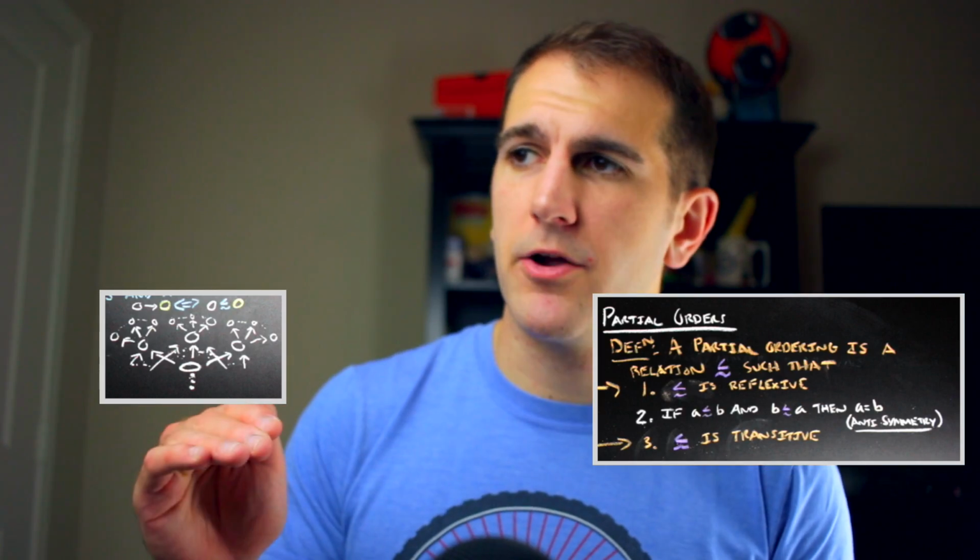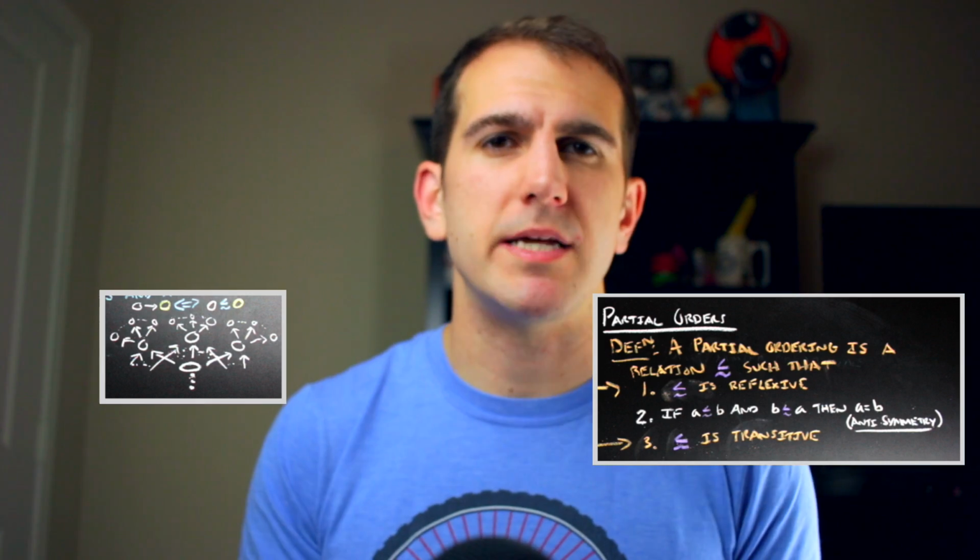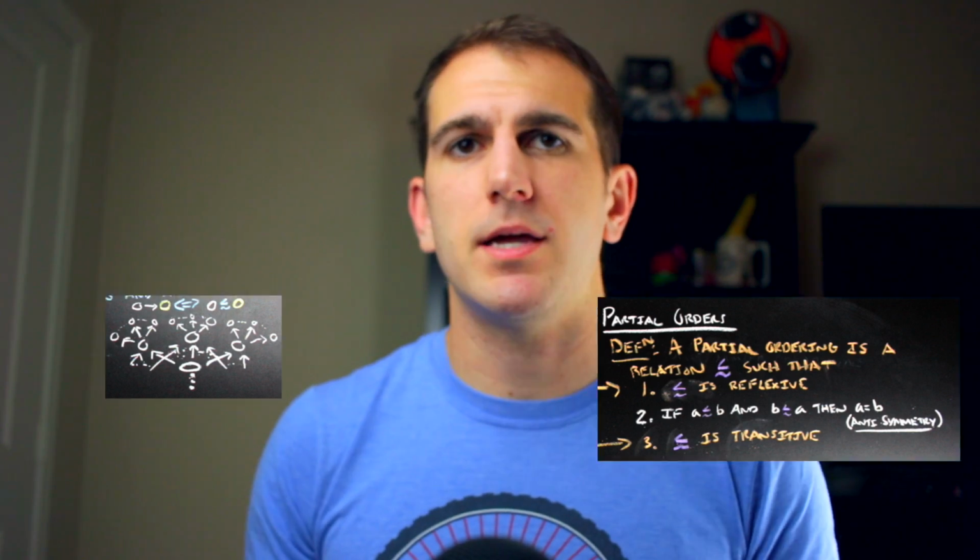So if you're not having a great time connecting partial orders and Hasse diagrams at this point in the video, this would be a good place to stop and think about that, because some of those ideas are going to be important as we move into talking about Zorn's lemma, which is the next thing on the docket.